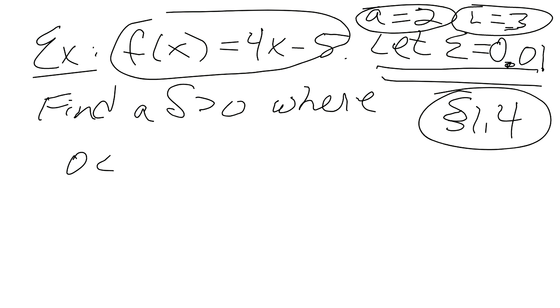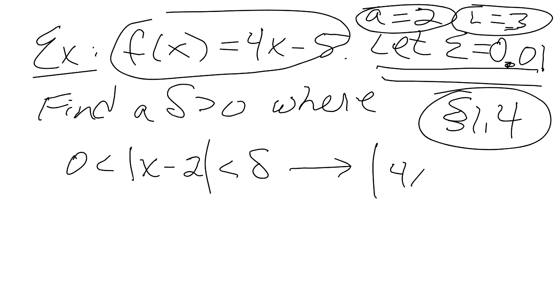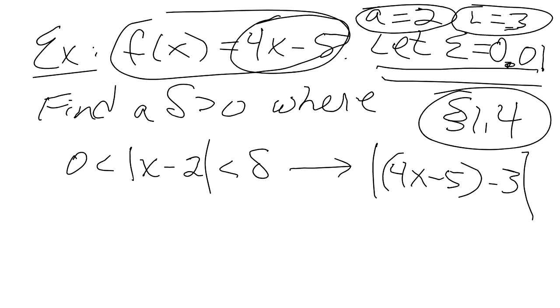So here in this case, if 0 is less than the absolute value of x minus A, so A is 2, is less than delta, which we need to find, that's going to imply that the absolute value of f of x minus L, so f of x is 4x minus 5, and then minus L would be minus 3, because that's the height I approach. So as x approaches 2, then this f of x approaches a height of 3. So f of x minus L here is less than epsilon. Of course, epsilon is 0.01 in this case.